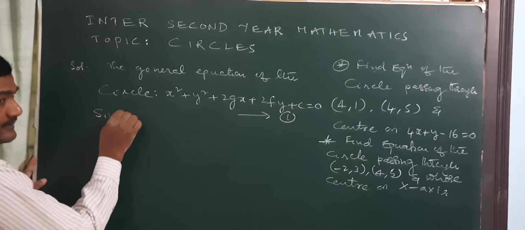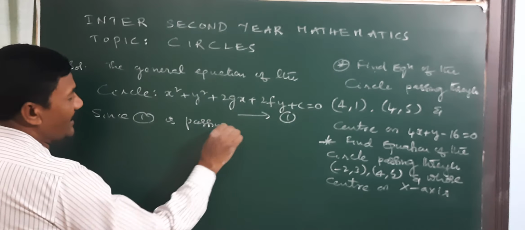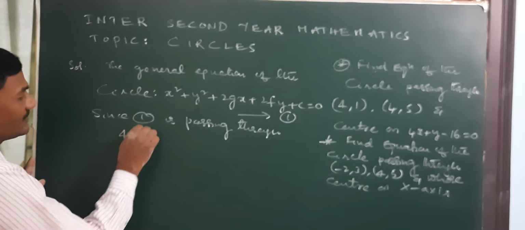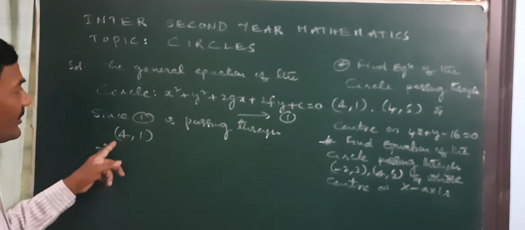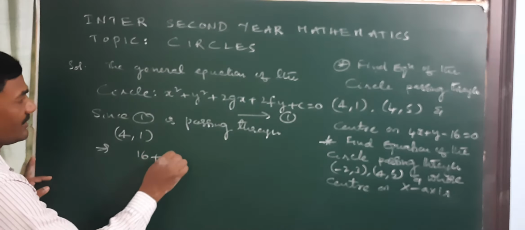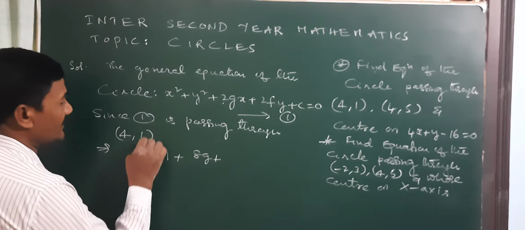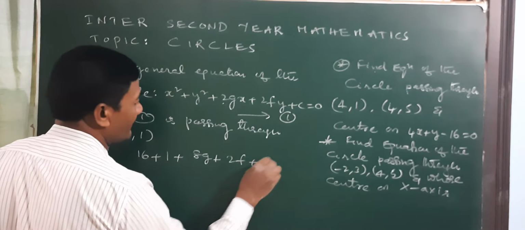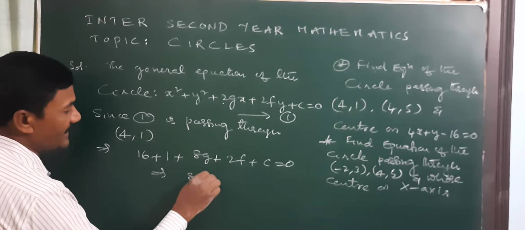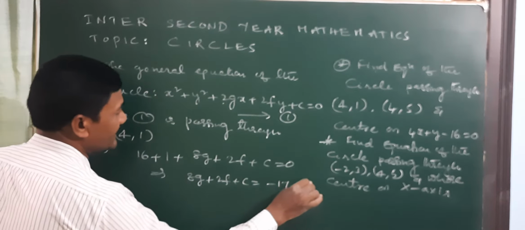Since equation 1 is passing through (4, 1), x is replaced by 4 and y is replaced by 1. That is 4 square 16, 1 square 1, 4 into 2g is 8g, plus 2 into 1 is 2f, plus c is equal to 0. So that implies 8g plus 2f plus c is equal to minus 17. This is equation 2.